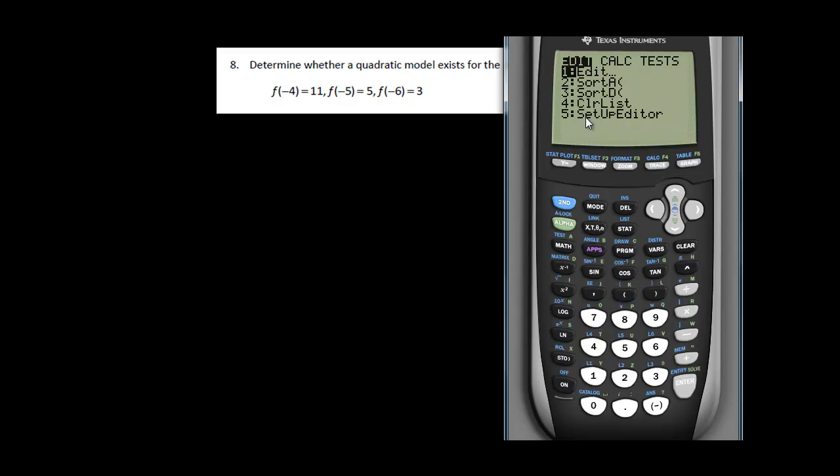If you hit Stat Edit and clear out L1 and L2 here, and enter -4, -5, and -6 for L1, and 11, 5, and 3 for L2.